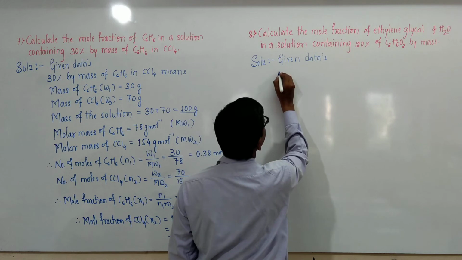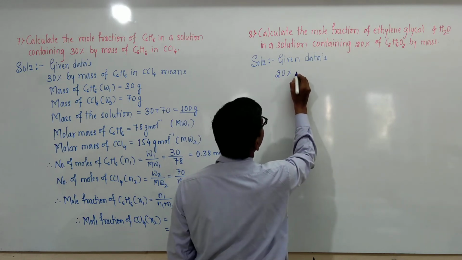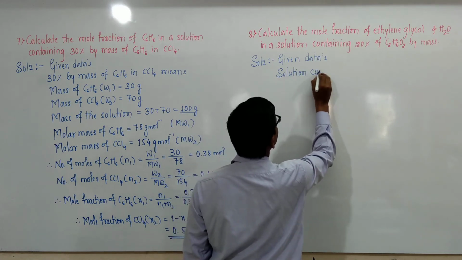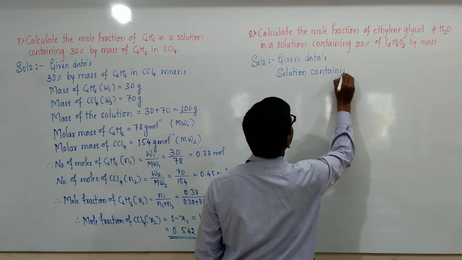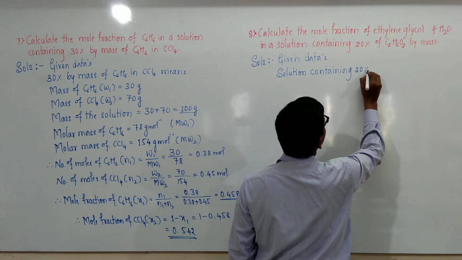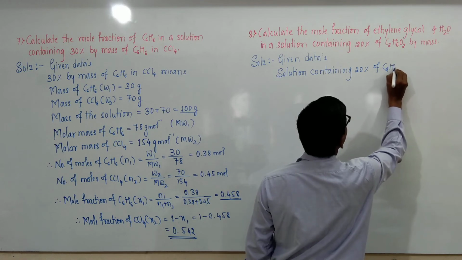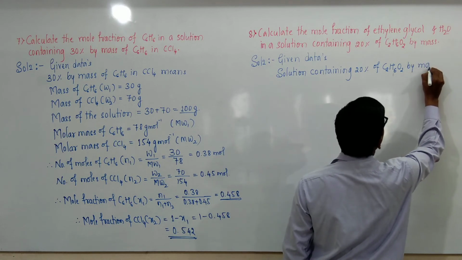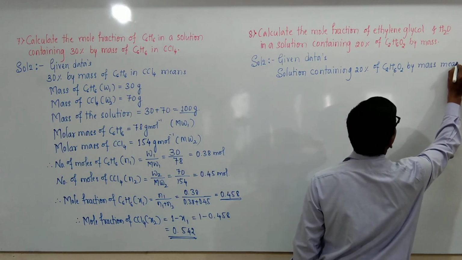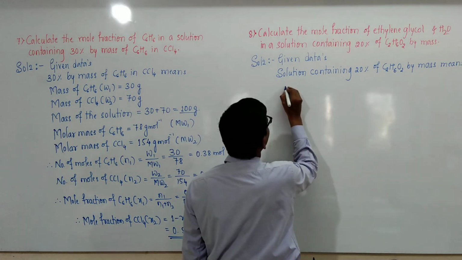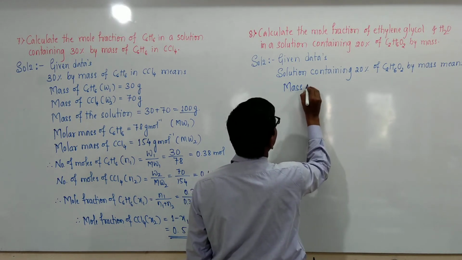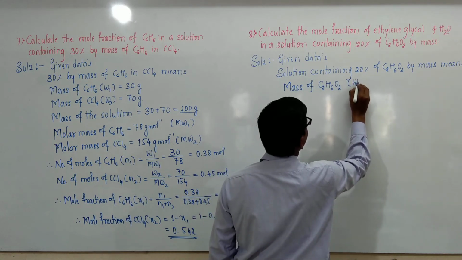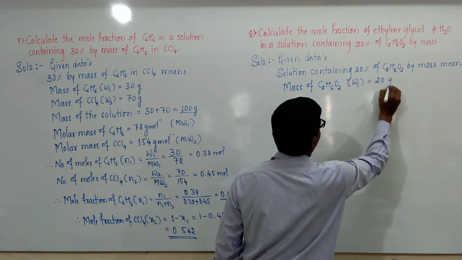Given data: solution containing 20% of C2H6O2 by mass means mass of C2H6O2, ethylene glycol, that is W1, is equal to 20 gram.